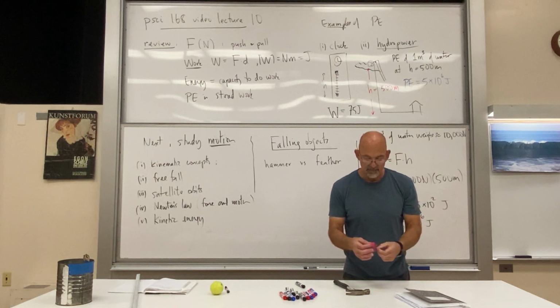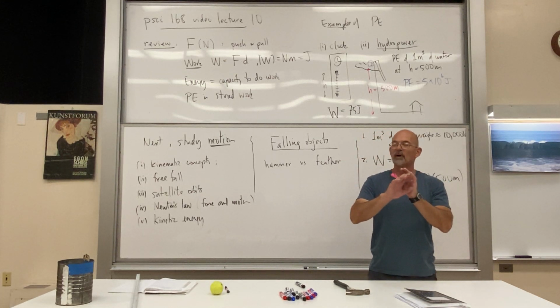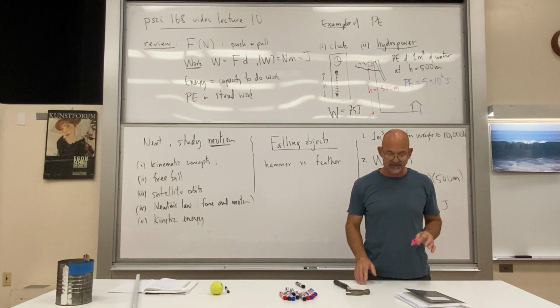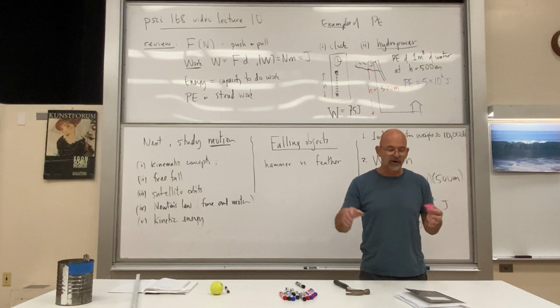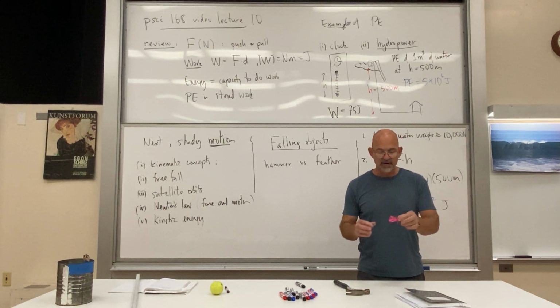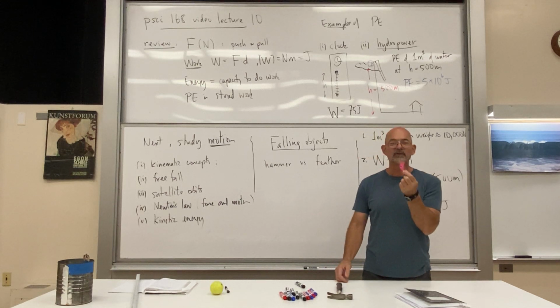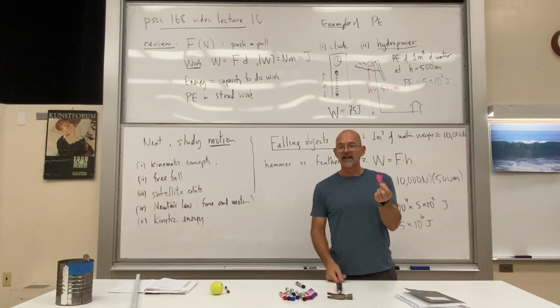By the way, you can take feathers, crumpled up paper, flat paper, you can do all manner of things, and they all fall a little bit different. I'm just going to use this feather as an example. It's a good visible example here. Now, can I make the feather fall exactly like the hammer?